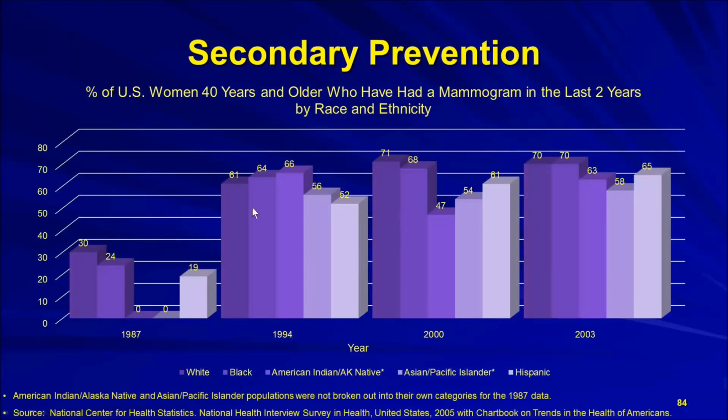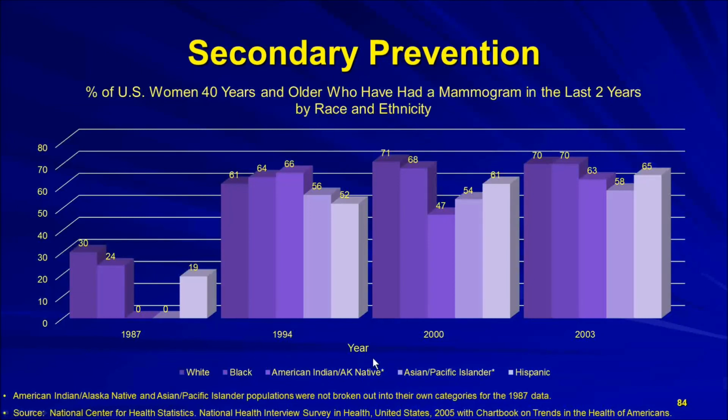If you begin to look at the comparison of the charts, you can see, especially in 2003, we have an increase in those. Sometimes it's only slight, but we have an increase in those who are receiving mammograms. If I was going to ask you about preferred populations, which ones you would focus on in terms of secondary prevention, what are those populations?